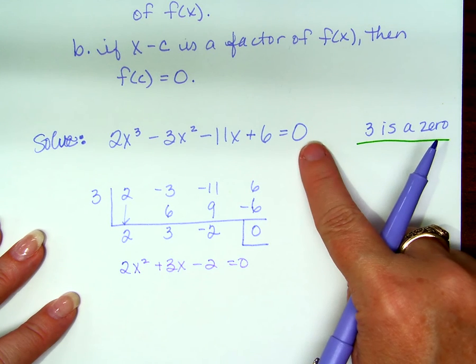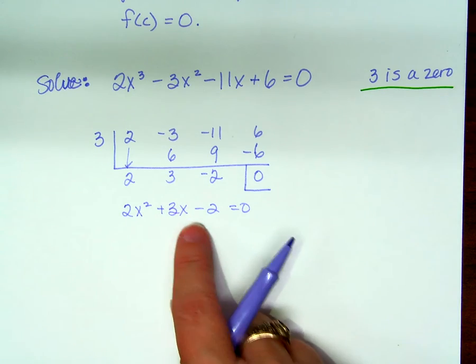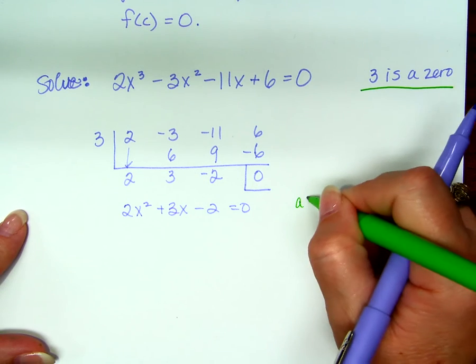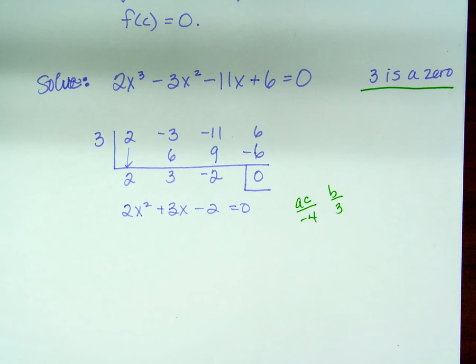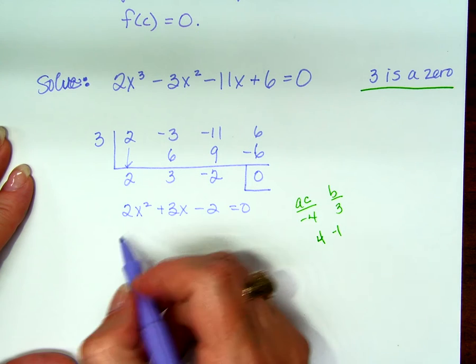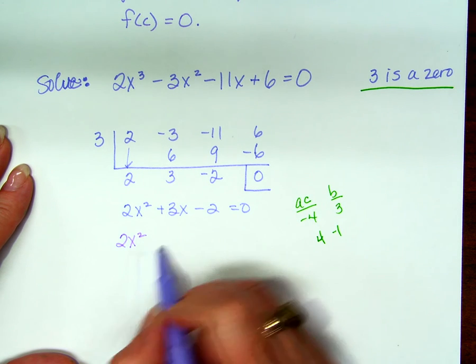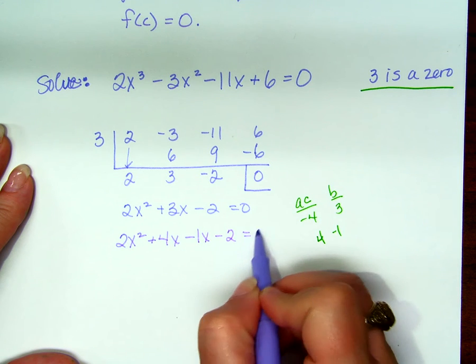Right? Because I already have my one factor of x minus 3. You want to go ahead and factor this? AC is negative 4 and B is 3. What multiplies to be negative 4 and adds to be 3? Positive 4 and negative 1. So I have 2x squared plus 4x minus 1x minus 2 equals 0.